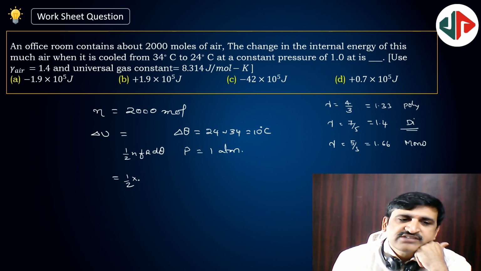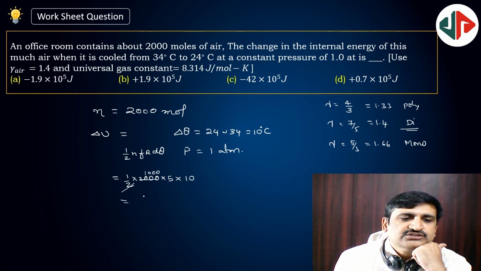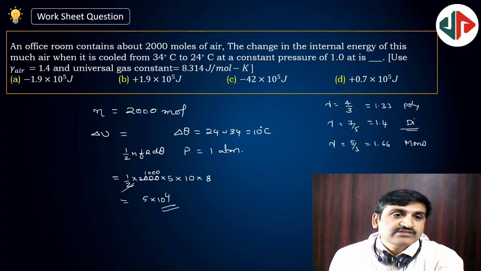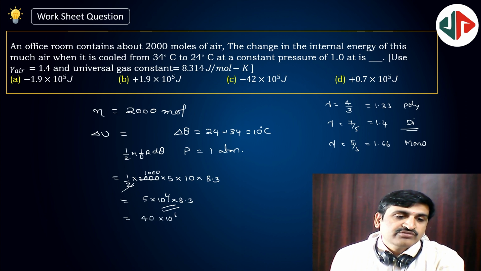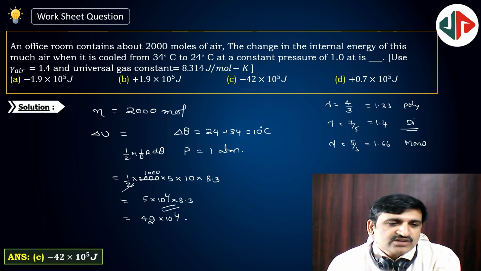So n is equal to 2000, the degree of freedom for a diatomic gas is 5, and delta theta is 10. So the 2 will cancel, giving 1000, so 5 into 10 to the power of 4, and R I didn't multiply yet. R is equal to 8.3. So the number comes to about 4.2, not 42. Since the gas is cooled, it is obviously negative.